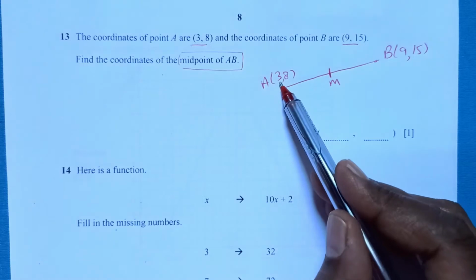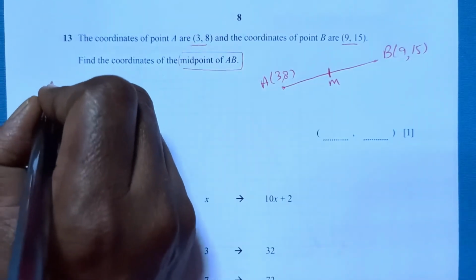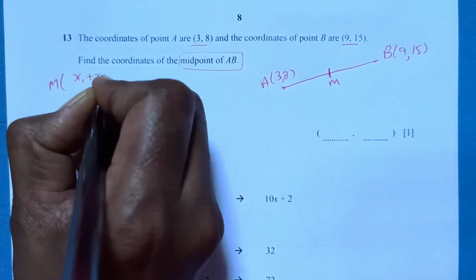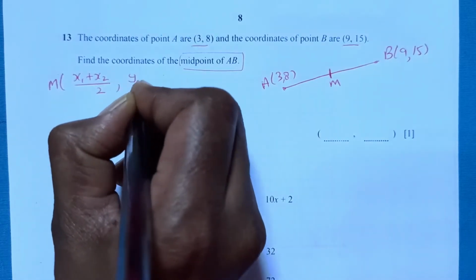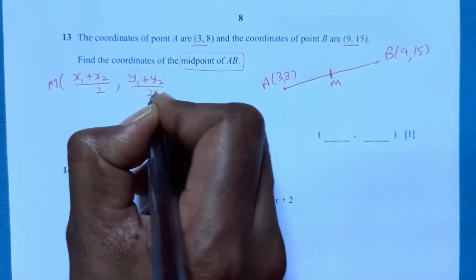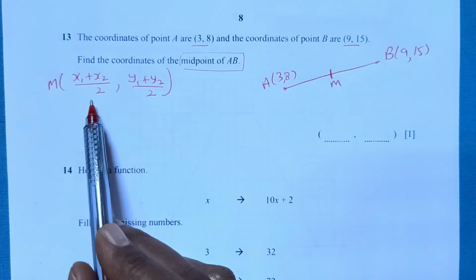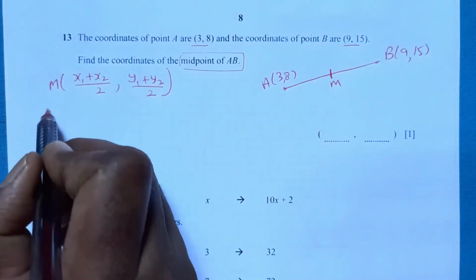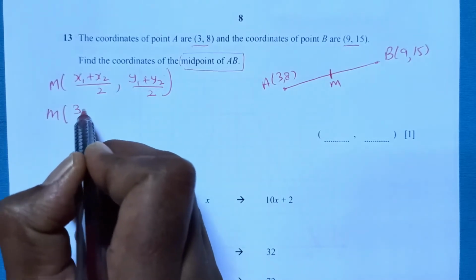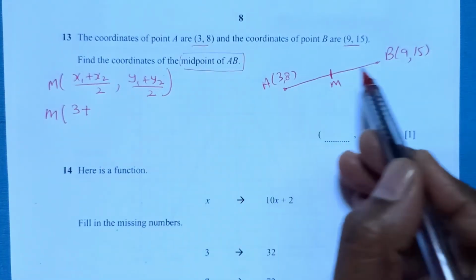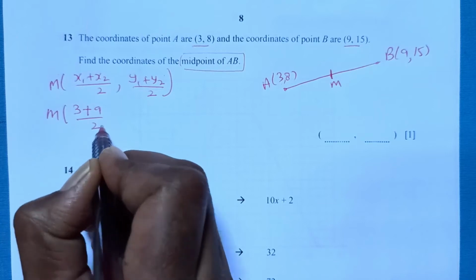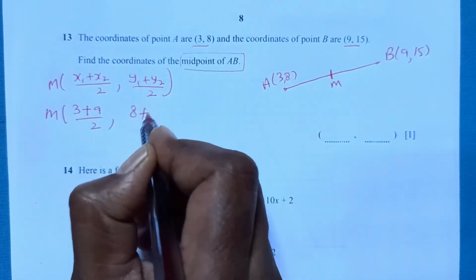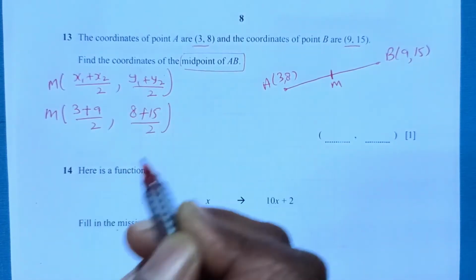You add the x coordinates. So midpoint formula, we have x1 plus x2 over 2, y1 plus y2 over 2. That is, we are just taking the middle value of the x coordinate and the middle value of the y coordinate. So for x it is 3 plus 9 over 2, y is 8 plus 15 over 2.